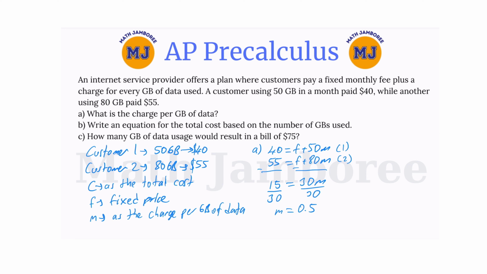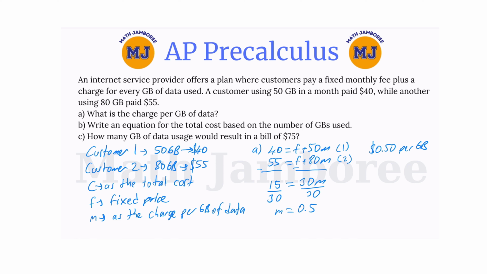So the answer for part A is $0.50 per gig.